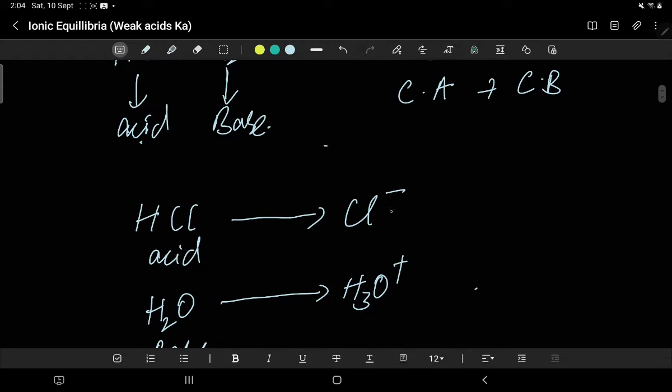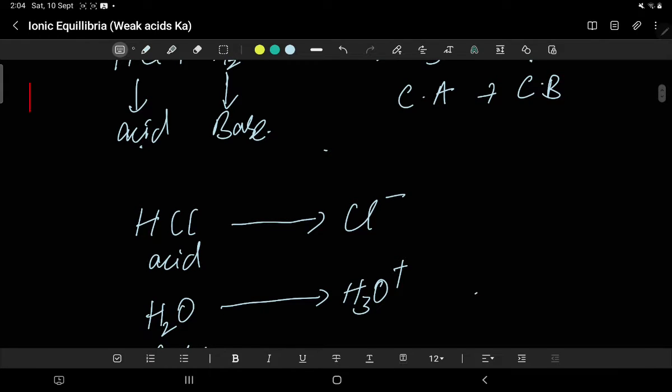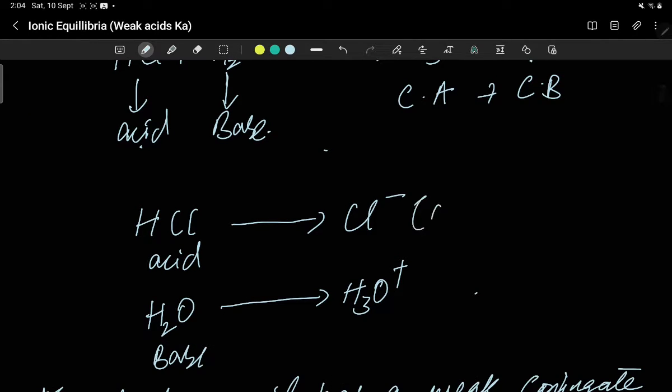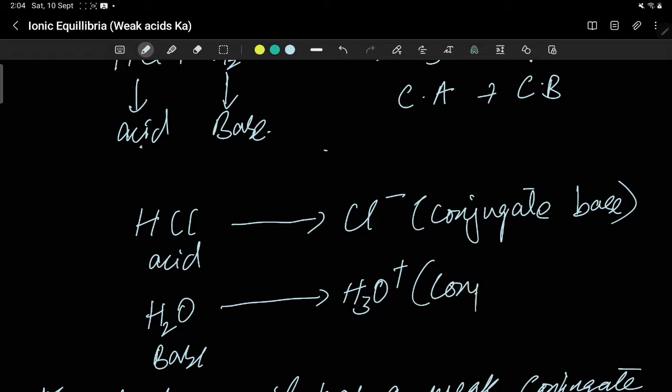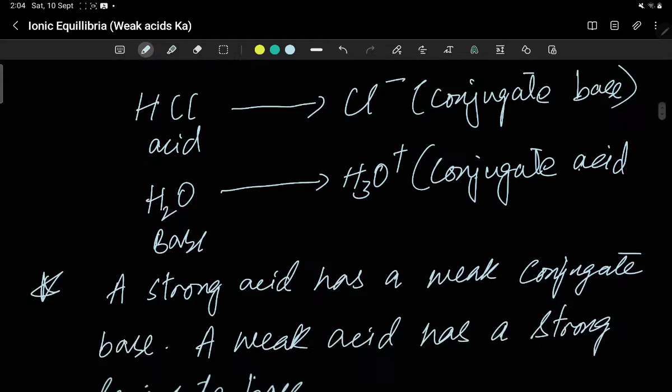HCl gives chloride ion, which is a conjugate base, while water acts as a base and gives hydronium ion, which is a conjugate acid. So in each conjugate pair, the acid and base differ from one another by a proton.